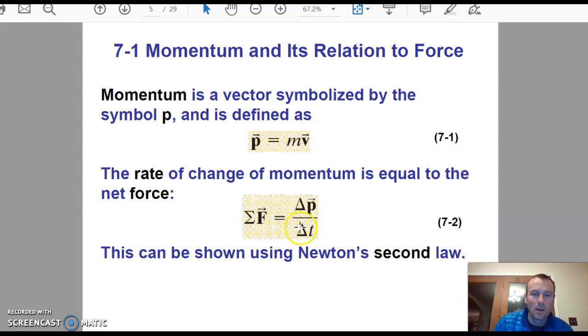I can rearrange this equation and move the delta t value over to the left-hand side here to get a quantity which can change the momentum of the system. And so if I want to increase an object's momentum, I'm going to have to apply a net force to that object, which should fall in line with our understandings about acceleration and net force and Newton's second law.